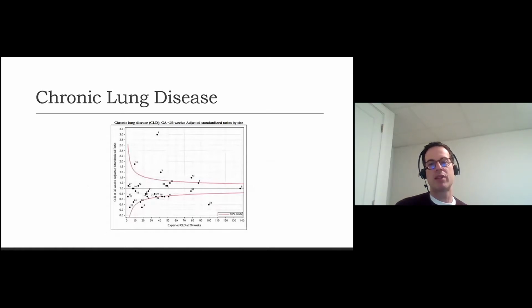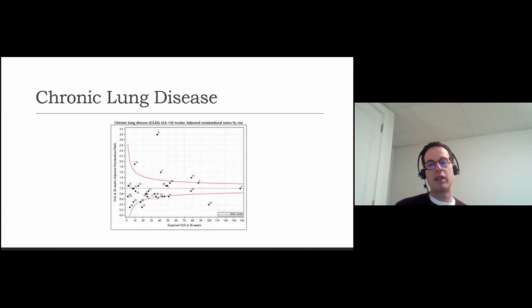The way to look at this graph, you can see the number 1 with the grayed out line horizontally. Any dot that falls under the line of 1 is a unit that is doing very well. Any dot that falls above is a unit that is not doing as well with respect to chronic lung disease.